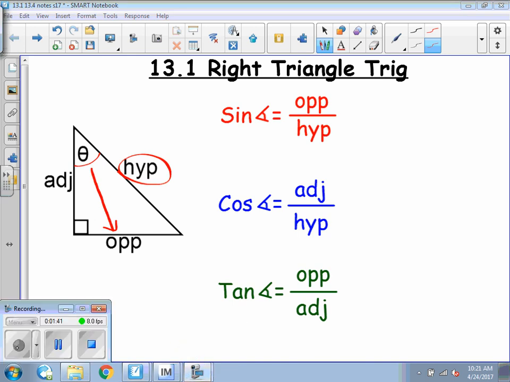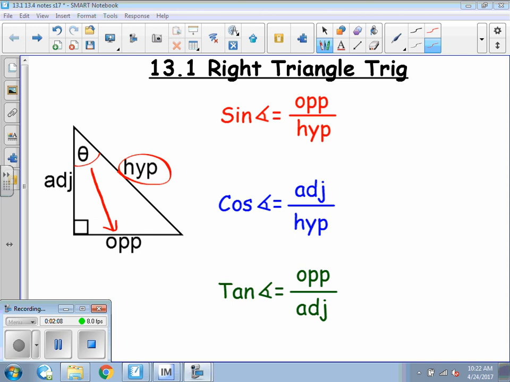Now, when I say sine of an angle, if I know what that angle is, say 60 degrees, sine of 60 degrees is a numerical value. That's an actual calculation. In your calculator, you have a sine button, so if you do sine 60, it'll give you a number. So, in a sense, these are proportions. Sine of an angle equals the length of the opposite side divided by the length of the hypotenuse.